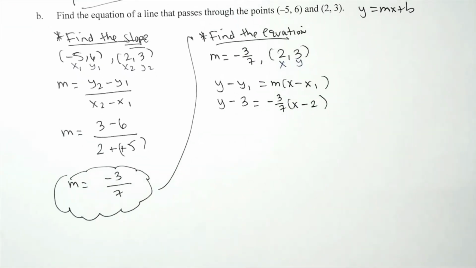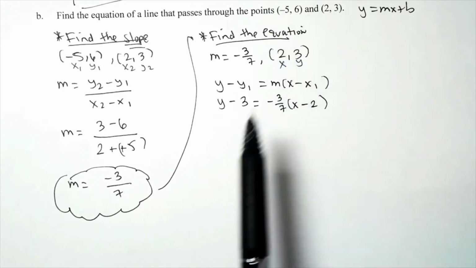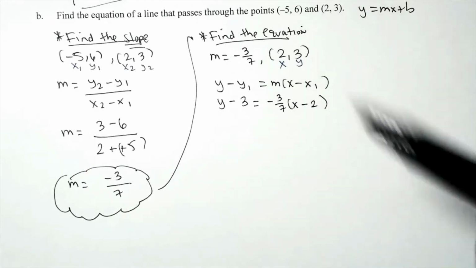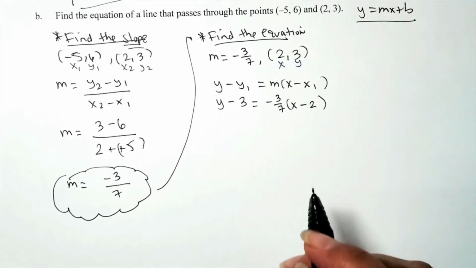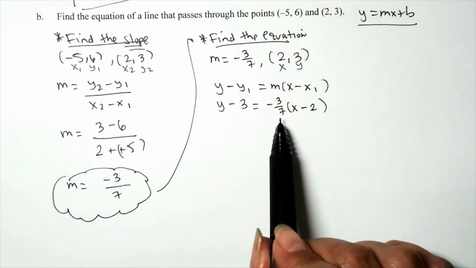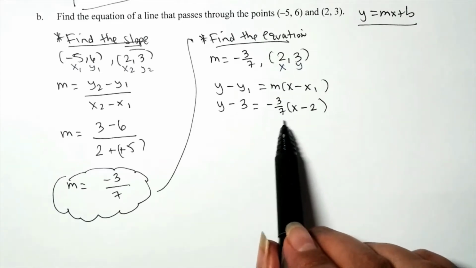Cool. All right, coming to our problem. So our game plan: find the equation of a line that goes through these 2 points. This is an equation of a line that goes through these 2 points, but unfortunately it's not in slope intercept form. So you have some options. Option 1, get rid of the fraction and then isolate the y, or option 2, sack it up and keep the fraction.